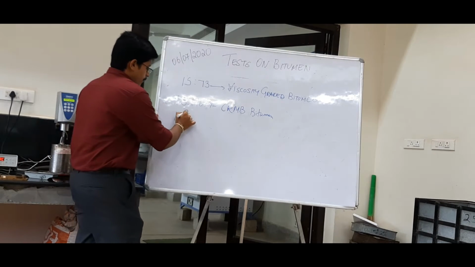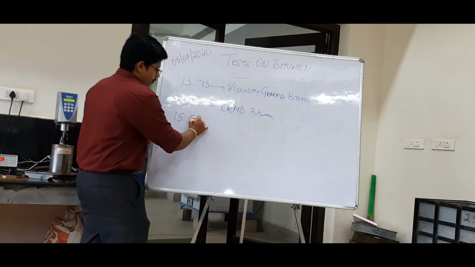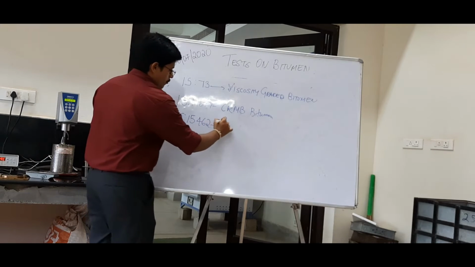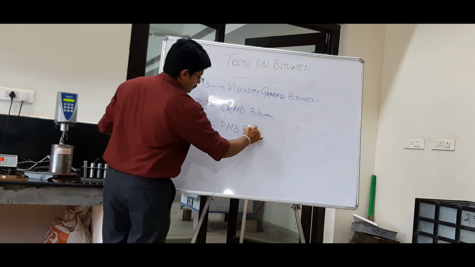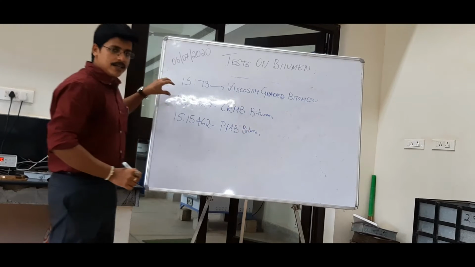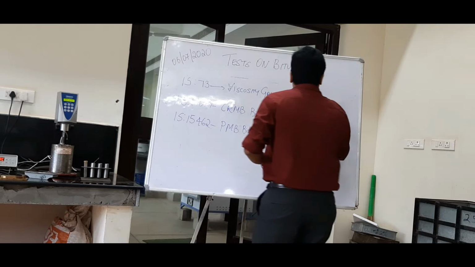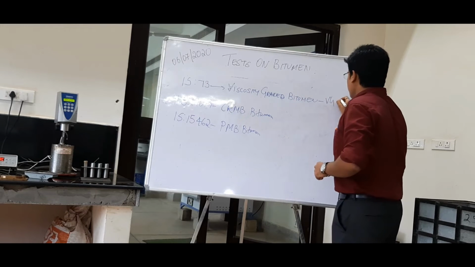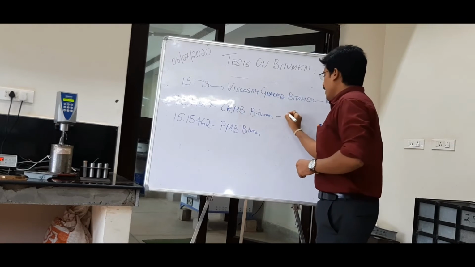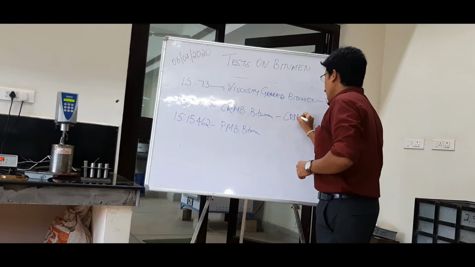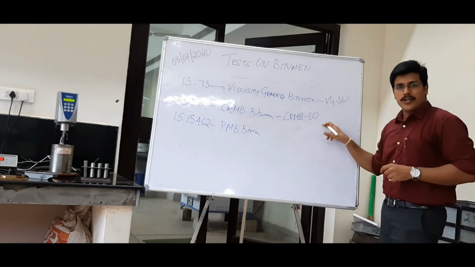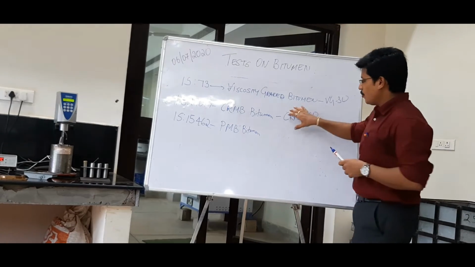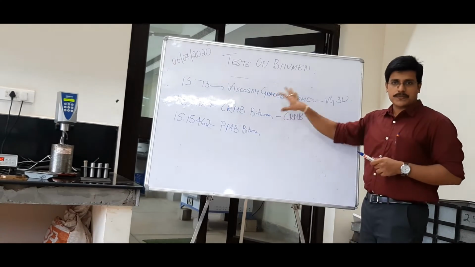Then we have IS 15462 for polymer modified bitumen. In this laboratory class we will use VG 30 bitumen and CRMB 60 bitumen for your experimentation. When you get the results, we will compare them to the standard values.